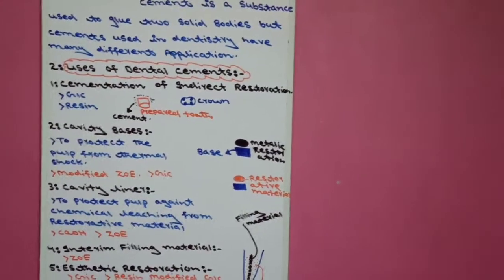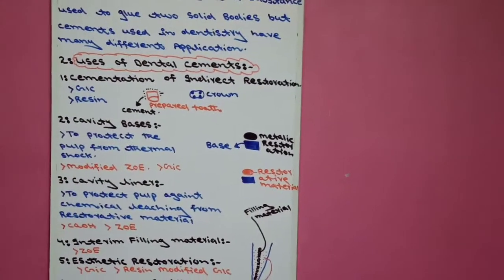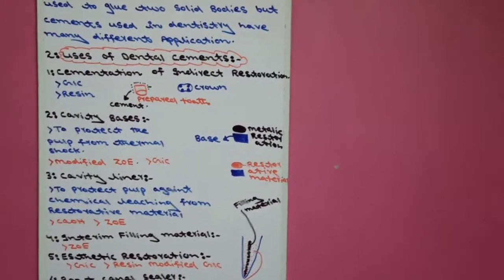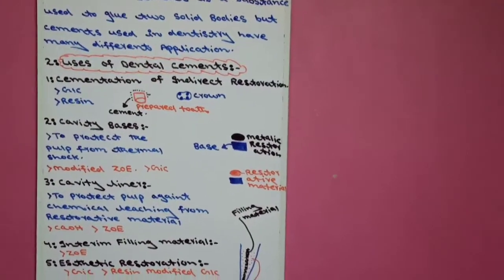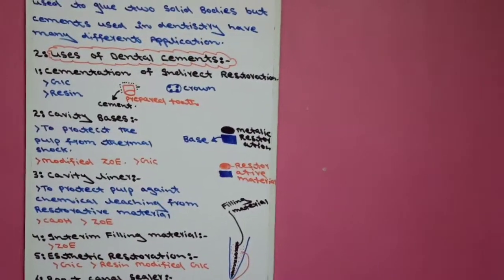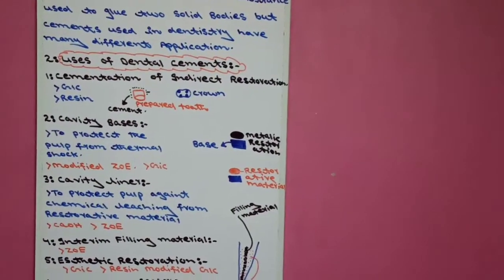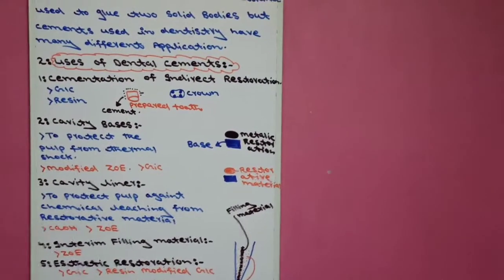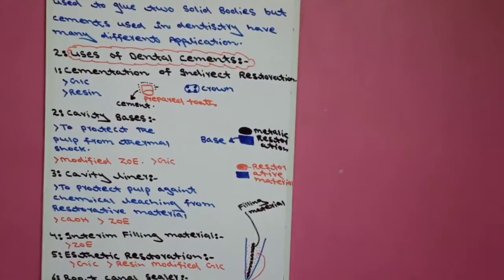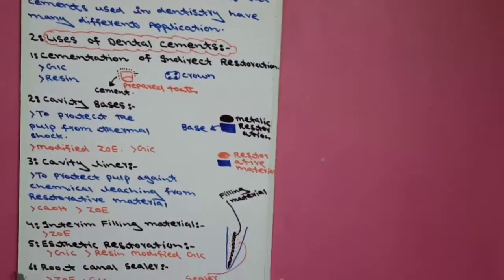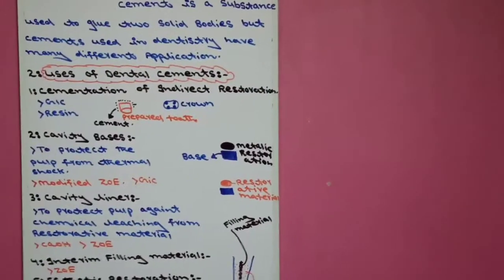Now, why is it called indirect restoration? Because the construction of the restoration, crown or bridge, inlay or onlay, does not occur directly on the patient; it occurs in the lab. Therefore, it is known as indirect restoration.